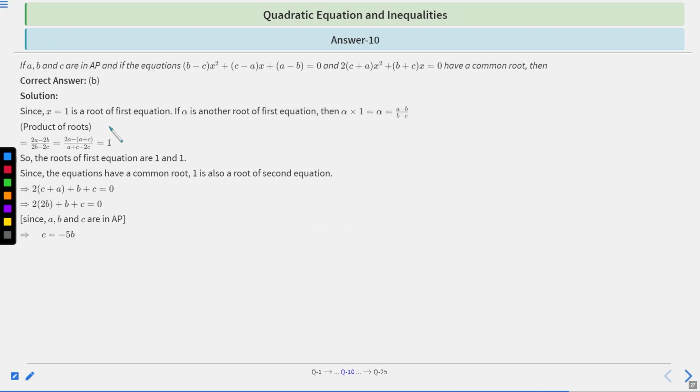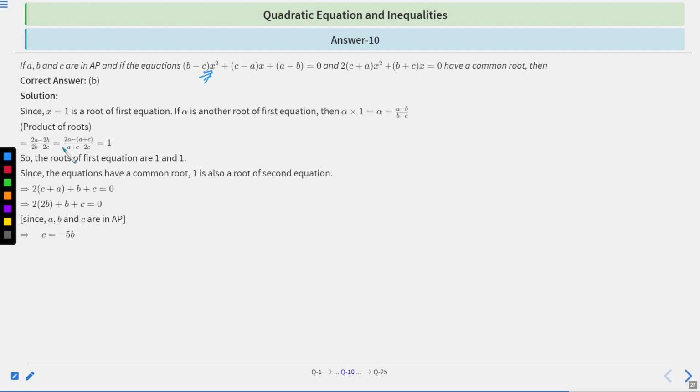Now see, we can easily conclude that if we put x equal to 1, all the things will be cancelled out, so x equal to 1 is a root of the first equation. Now suppose alpha is another root of the first equation, then alpha into 1, that is the product of roots, is (a minus b) upon (b minus c).